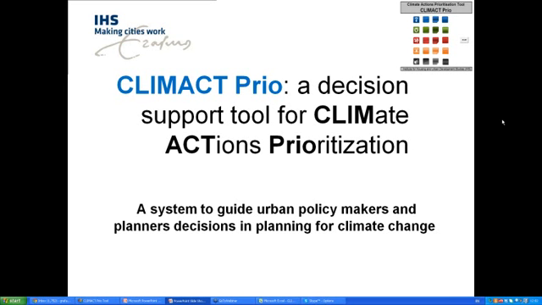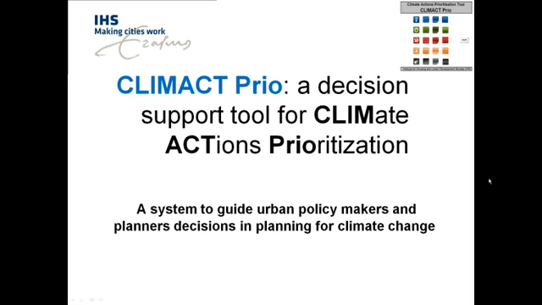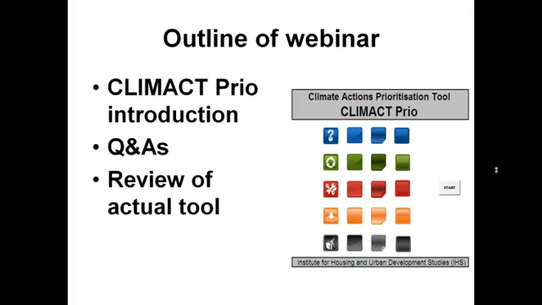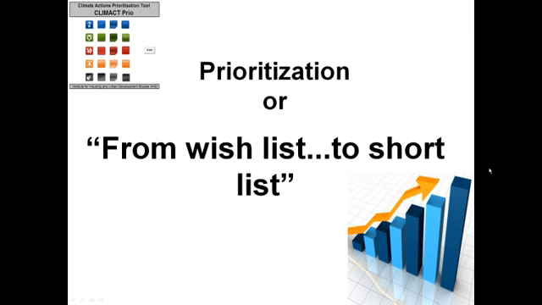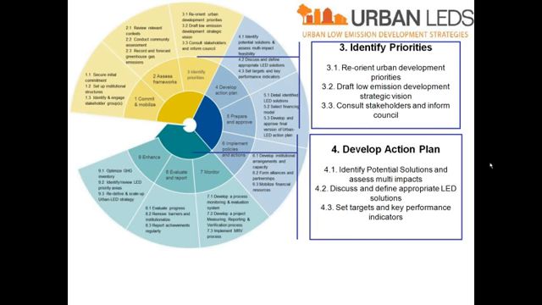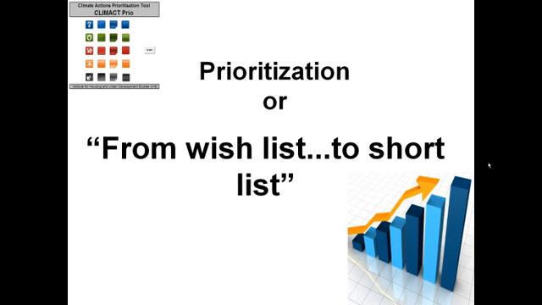Okay, so as we have planned today, we're going to present the CLIMACT Prio tool, a decision support tool for climate actions prioritization. And the outline of this webinar, if I can go to the next slide. Sorry, it's gone.